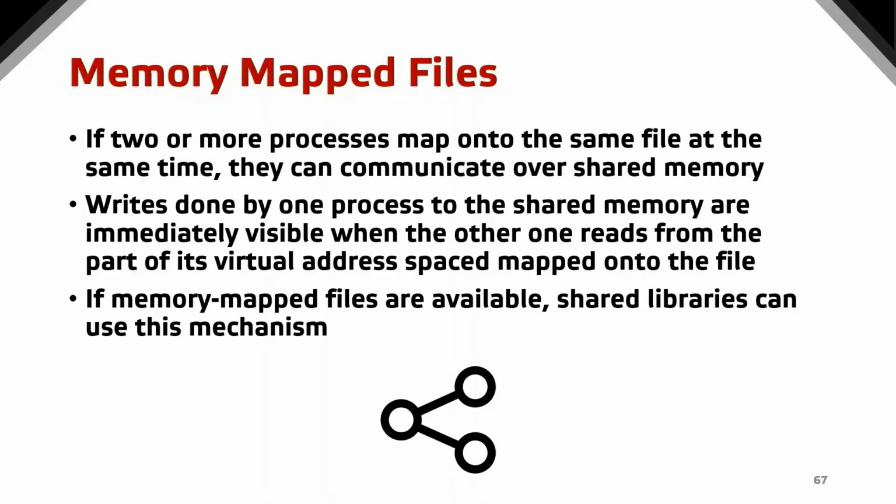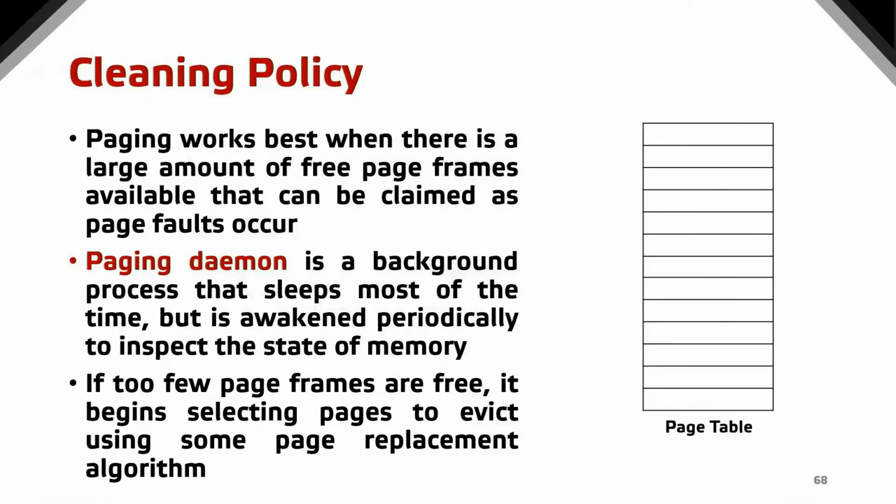Writes done by one process to the shared memory are immediately visible when the other one reads from a part of its virtual address space mapped onto a file. If memory-mapped files are available, shared libraries can use this mechanism. We will talk about this approach later.